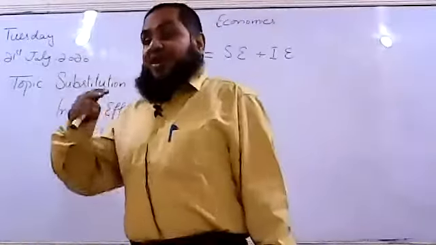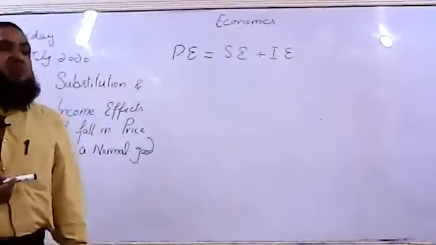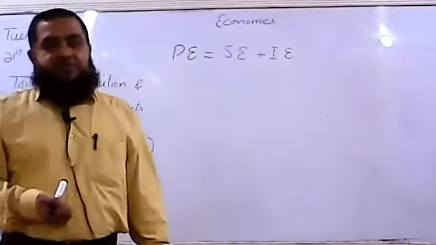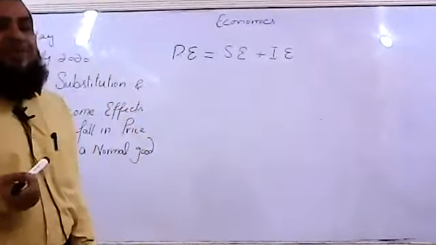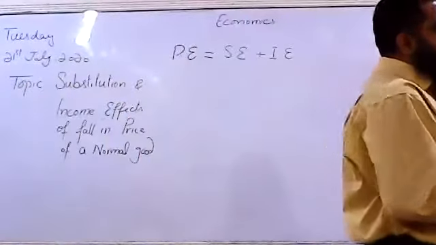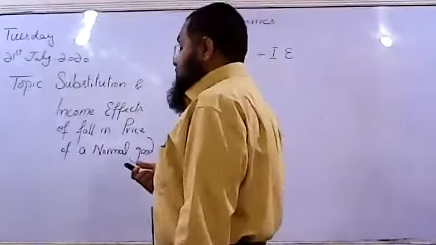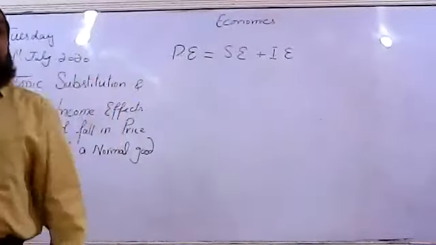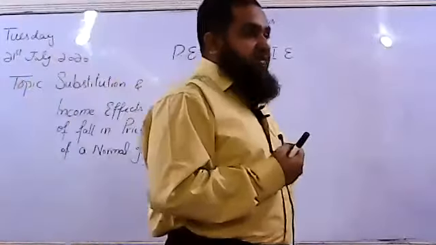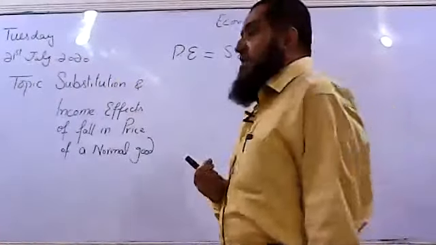Therefore, due to the increase in real income, if he buys more of the same commodity, that is called the income effect. So when the real income of the consumer increases and he buys more of that commodity, that good is called a normal good. In other words, the substitution effect of a normal good is positive, and its income effect is also positive when its price goes down.